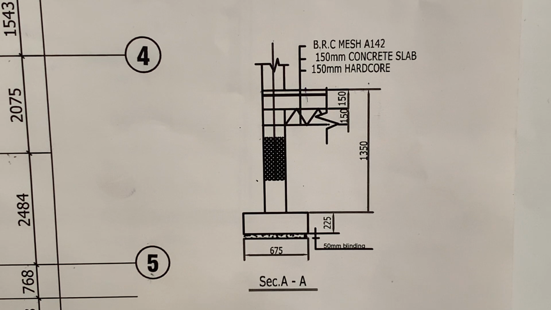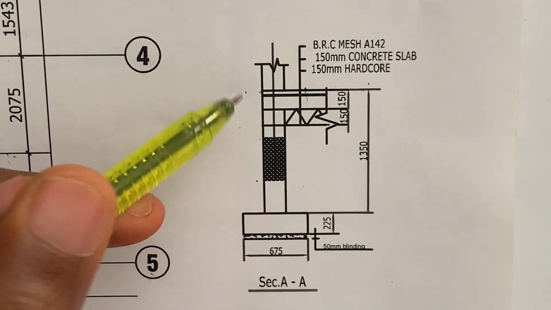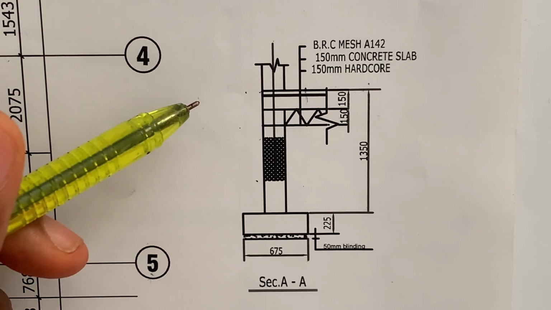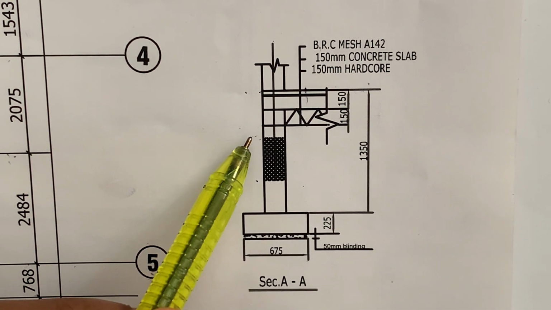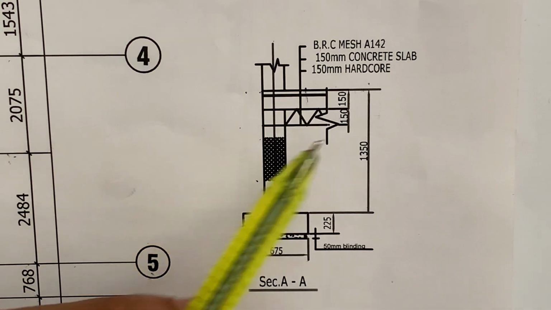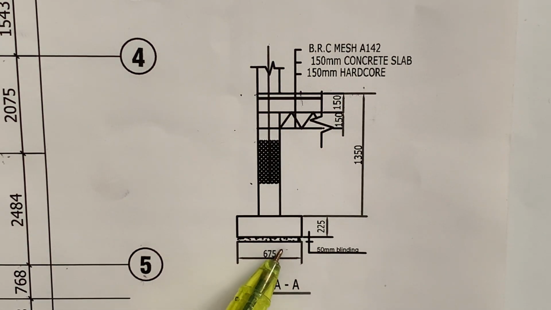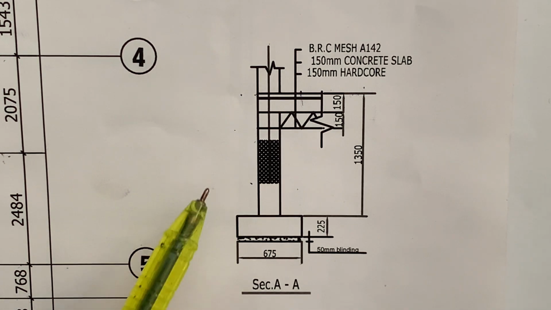In that video, when we checked our sectional drawing, we stated that from the top of the oversized concrete down to the stripped level was 600 millimeters. So what we'll do now is minus 600 millimeters from the total distance from the top of the oversize down to the bottom of the blinding. Whatever we have is going to give us the actual depth of our foundation trench.